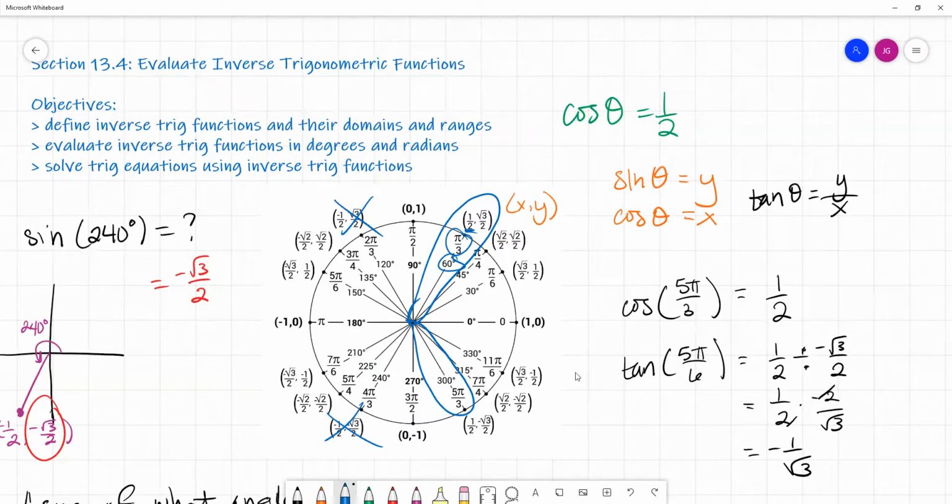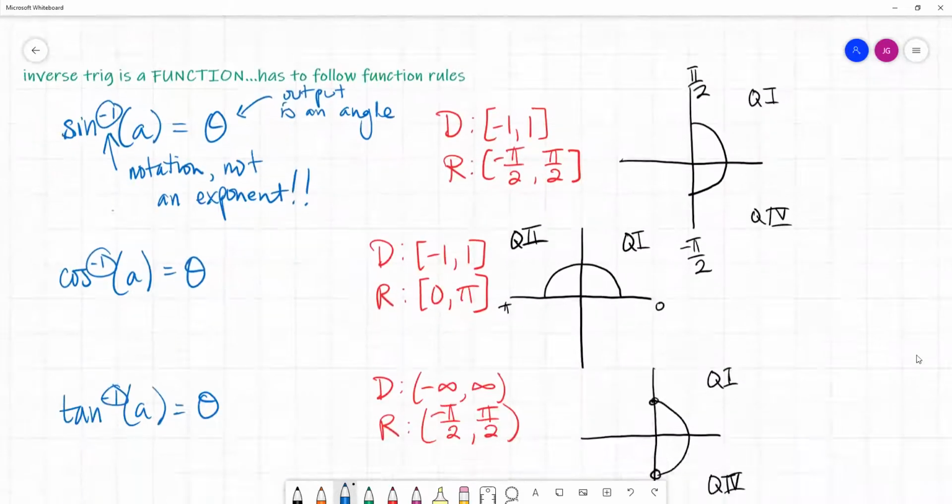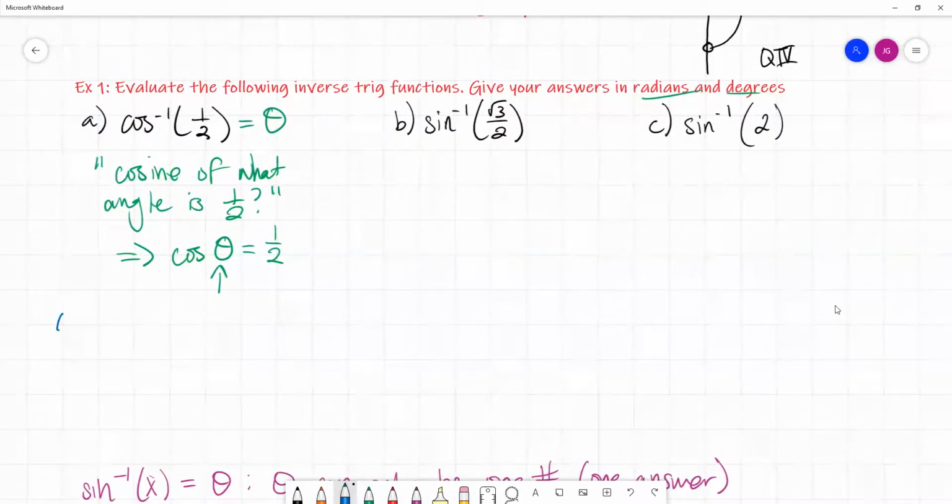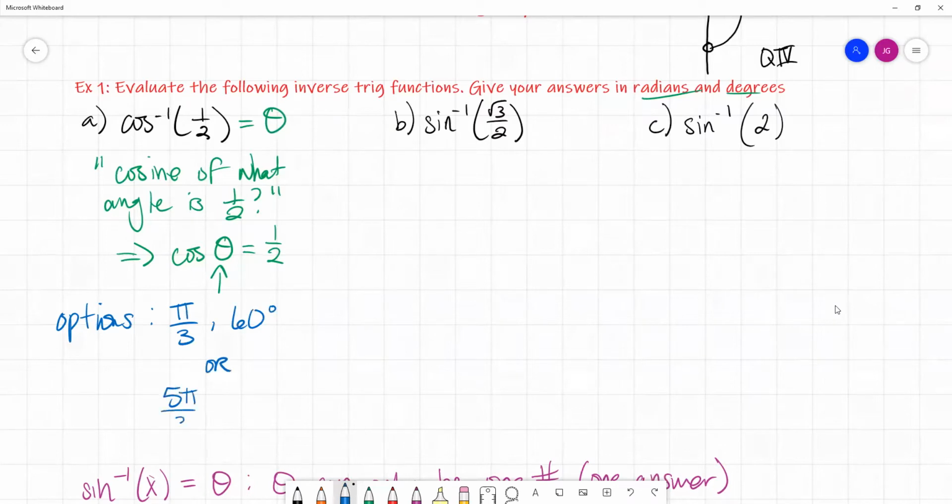Those are my two options, and I'm going to write them both down. My options were pi over 3 or 60 degrees, or the other one was 5 pi over 3, 300 degrees.